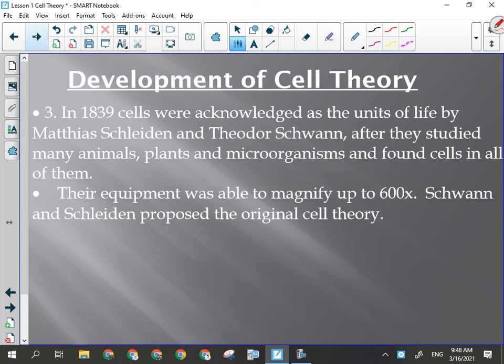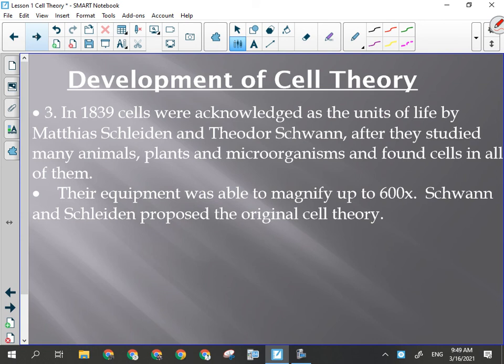And they were lucky enough to observe on several occasions that cells could split in half and create exact copies of themselves. That was the only way that cells would be formed. They never found a place or a part of an organism that was producing cells. But they did find that cells could split in half and reproduce that way.